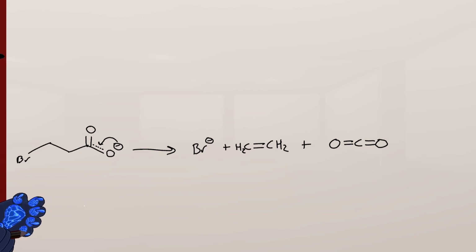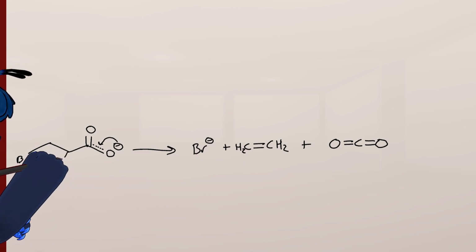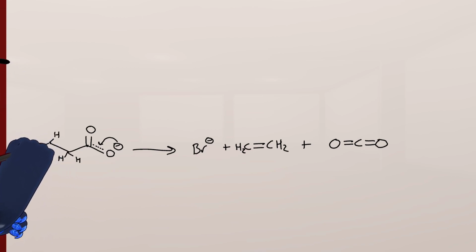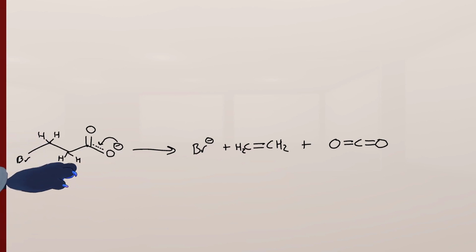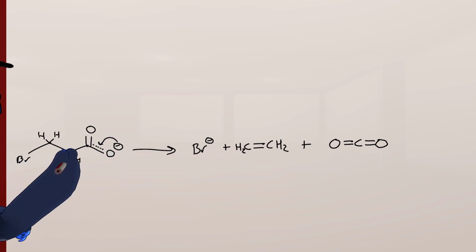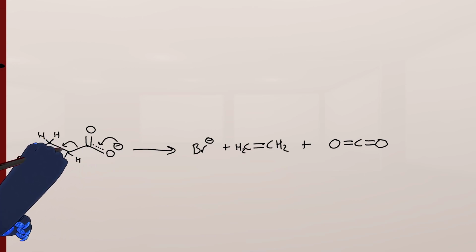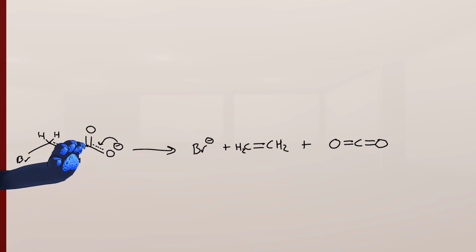So, the other thing is that we're making a C double bond to C. If we look at the hydrogens here, we see that we kind of have it, but we just need a bond between these 2 carbons, and then we need to break off this bromine somehow. So when this bond makes, the bond between this carbon and this carbon is going to break and make a bond between these 2 carbons. Right? We're breaking it off.